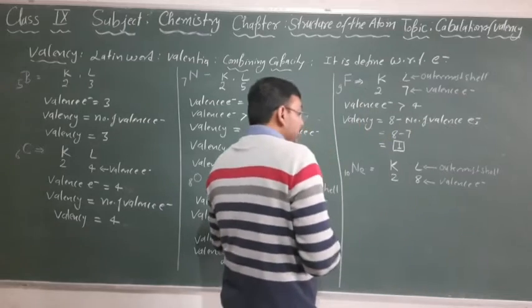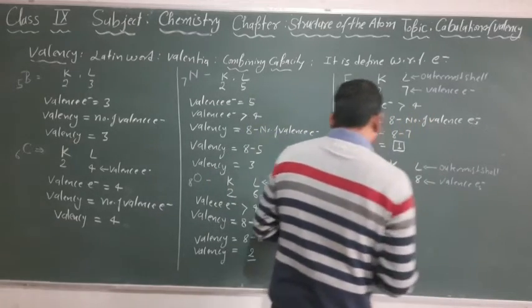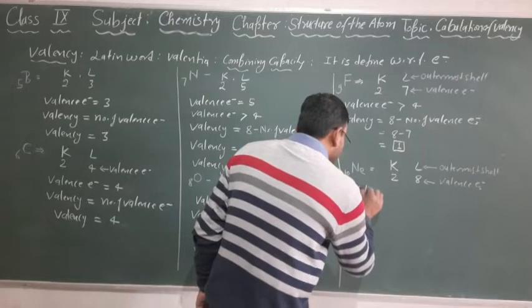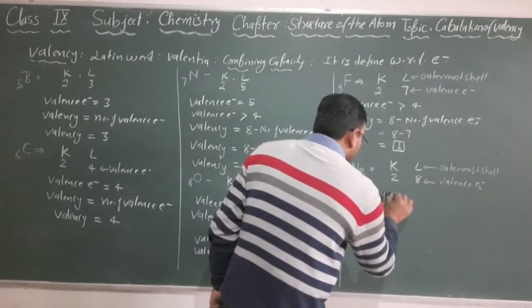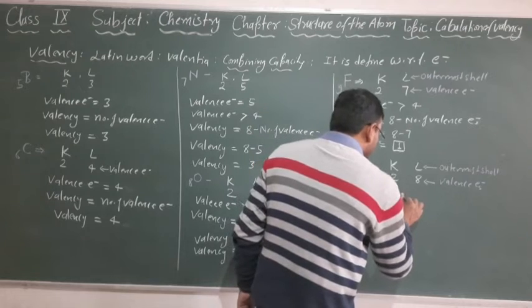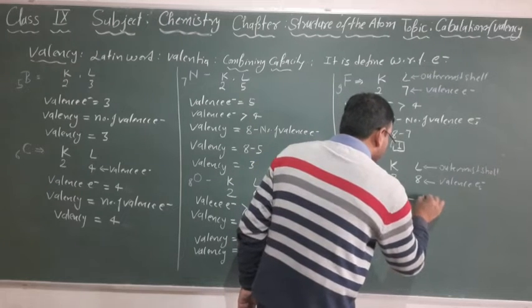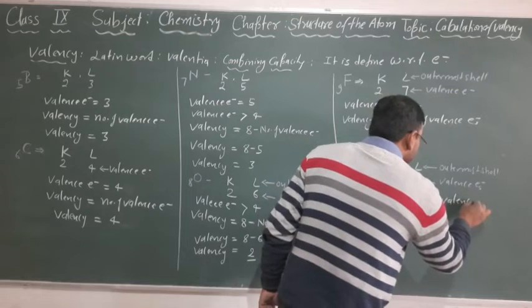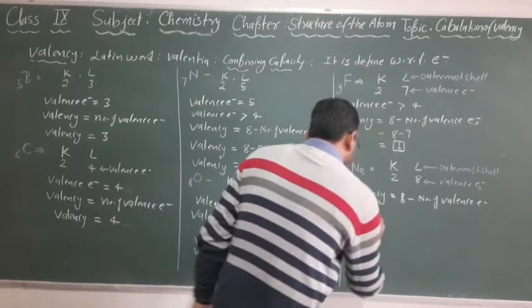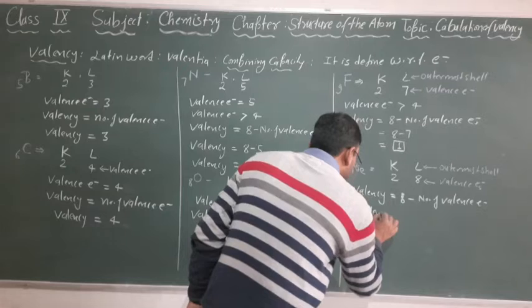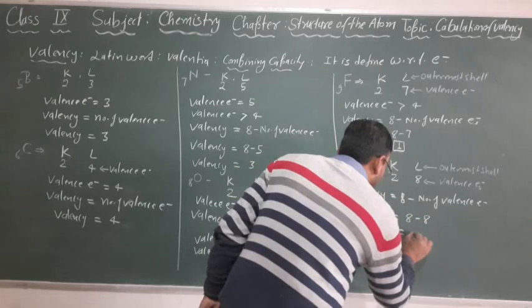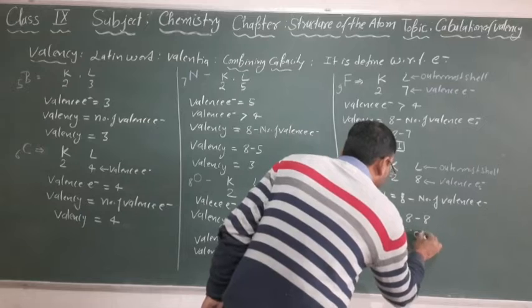So valence electrons in neon is 8, then valency will equal 8 minus the number of valence electrons. Then valency is equal to 8 minus 8, which means 0.